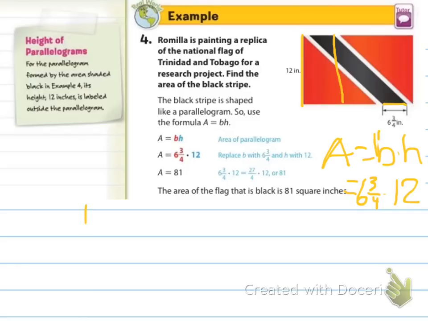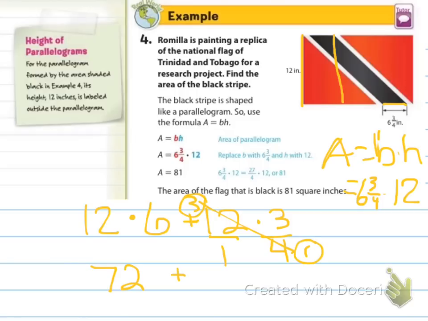This is one of those occasions where it works out nicely to do 12 times 6 plus 12 times 3/4. 6 times 12 is 72. Then 12 times 3/4: we have 3 here and 1 here, so 3 times 3 is 9 over 1, which is 9. So 72 plus 9 equals 81.